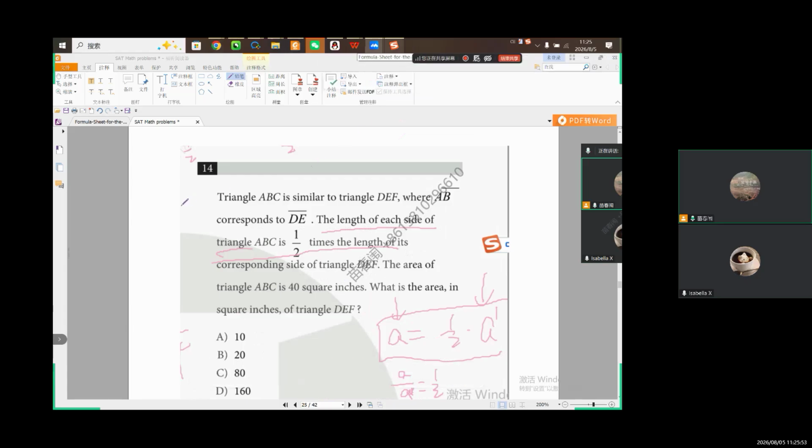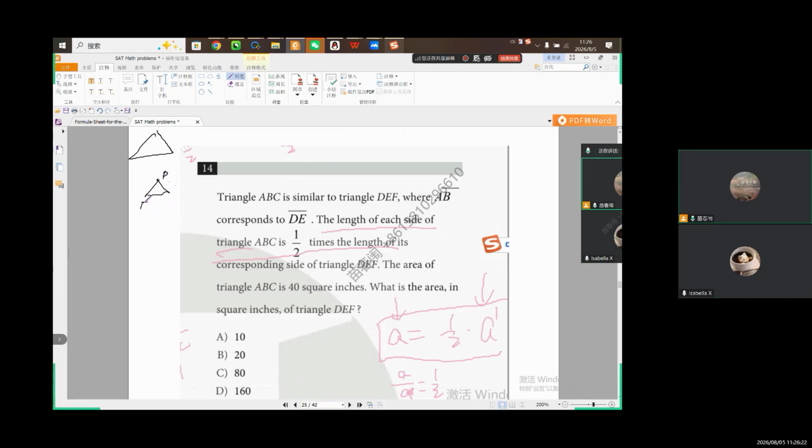Since we correct your mistakes, I can give you a formula next time, but I have to go over it in class. Otherwise, I don't think you can get the full understanding of it. So basically, this is ABC, and this is a smaller one, DEF, right? So that's why it's 1 over 2 times that.